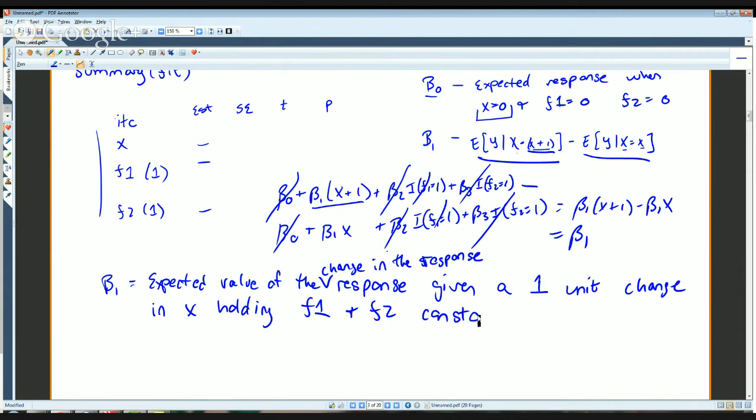But it doesn't matter whether they're 0 or 1, it just matters that they're constant. Okay? And so that's what beta 1 is.